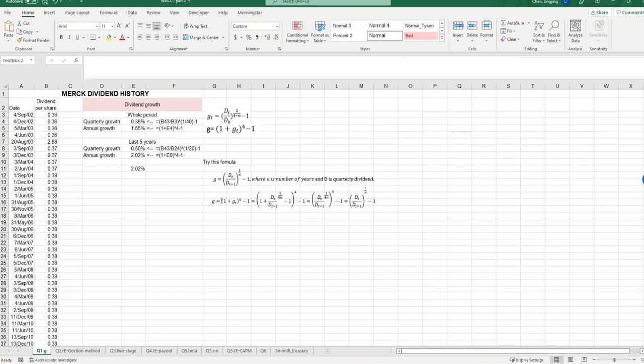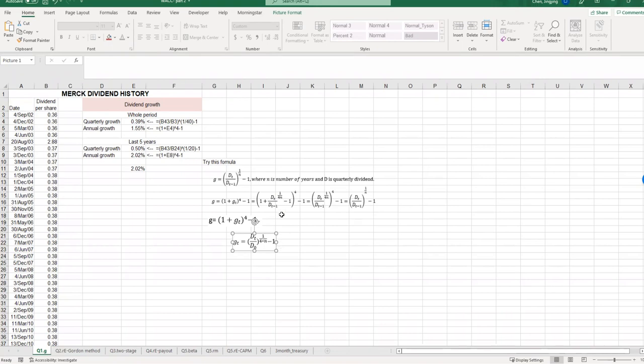This is the original formula, like this equation here. And then I'm plugging in GT equals Dt divided by D0 raised to the power of 1 divided by 4 times n, minus 1. So nothing special. This here will be just this formula.